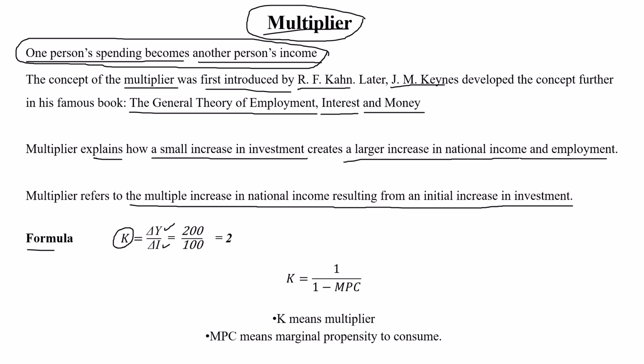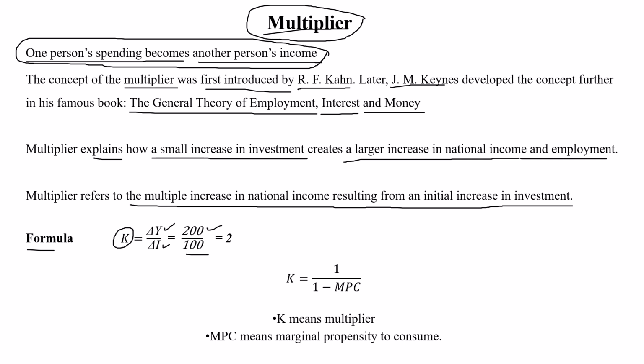Here we can see an example. Delta I, the change in initial investment, is 100 crore, and the change in income level is 200 crore.